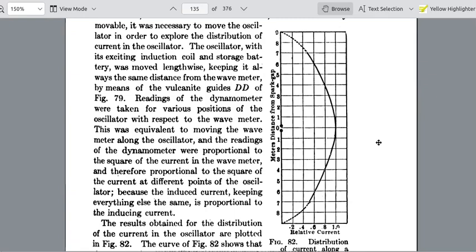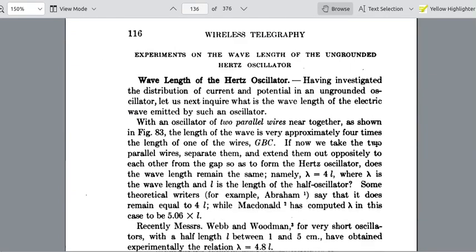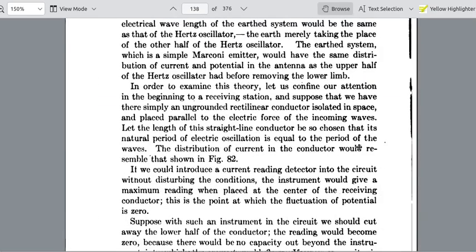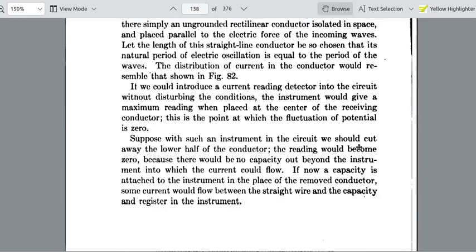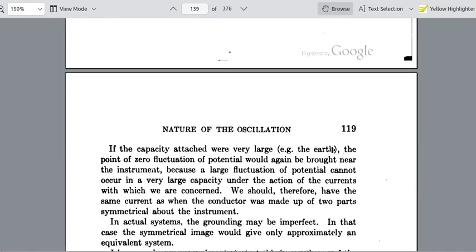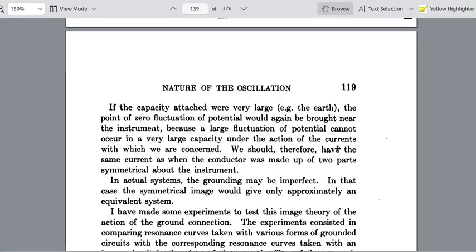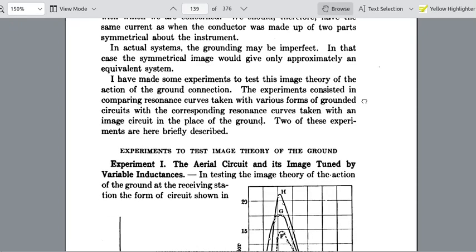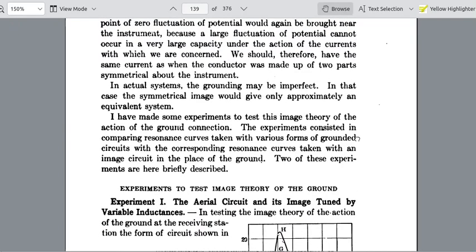If the capacity attached were very large, for example the earth, the point of zero fluctuation of potential would again be brought near the instrument, because a large fluctuation of potential cannot occur in a very large capacity under the action of the currents with which we are concerned. We should therefore have the same current as when the conductor was made up of two parts symmetrical about the instrument. In actual systems, the grounding may be imperfect. In that case, the symmetrical image would give only approximately an equivalent system. I have made some experiments to test this image theory of the action of the ground connection.